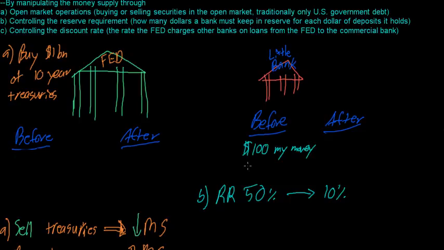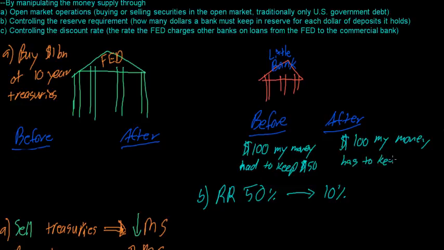So it had to keep and just hold it in its vault, had to keep $50. Now after, the bank still has my $100. It still has $100 of my money. But it only has to keep only $10.